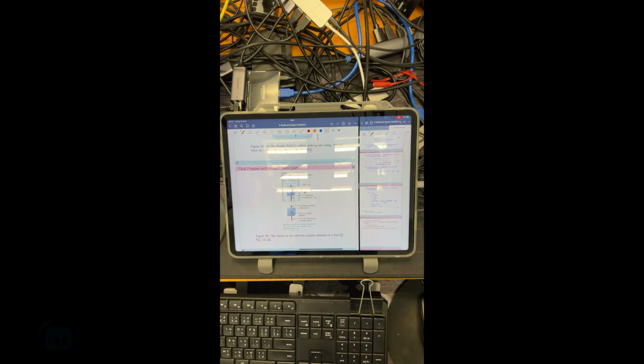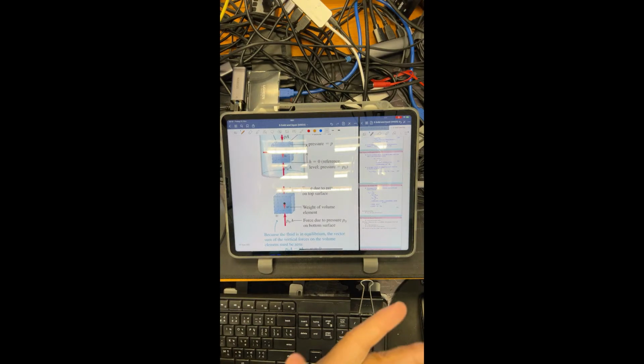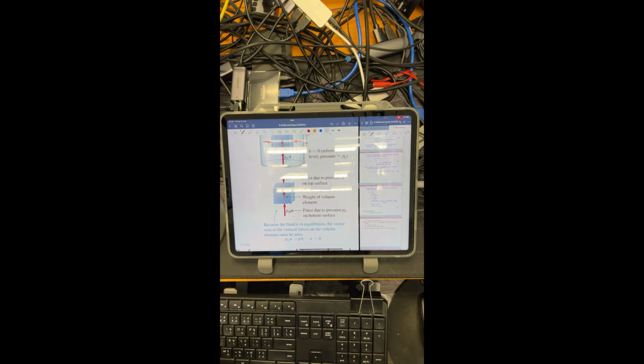Okay, height equal to 0 is the reference level, and we call the pressure P0. This is the force due to pressure on top of the surface, and this is the weight of the volume element, whether it's water or any kind of fluid. P0A is the force pointing upwards due to the pressure P0 on the bottom surface.